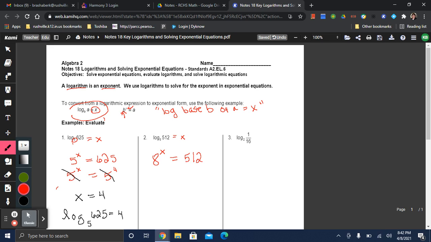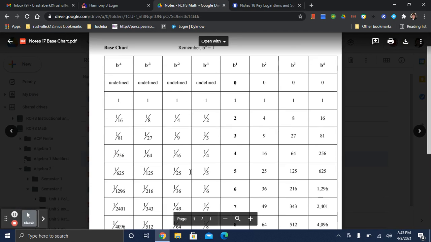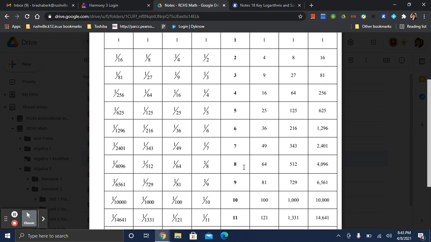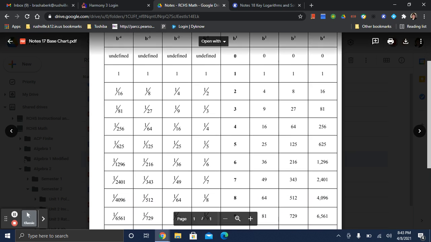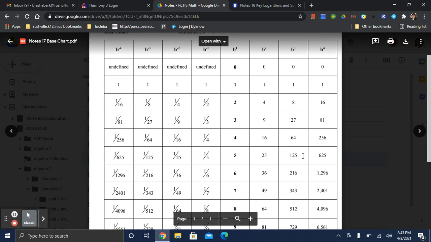All right, so we'll go back to the base chart. We're going to look to see if 8 and 512 are in the same row. And they are. So 512 is 8 to the 3rd power. It's in that 3rd power row.